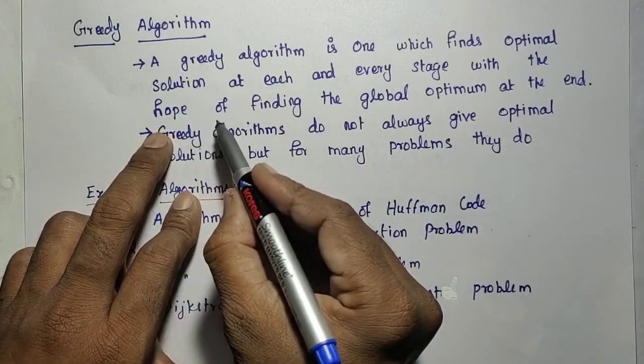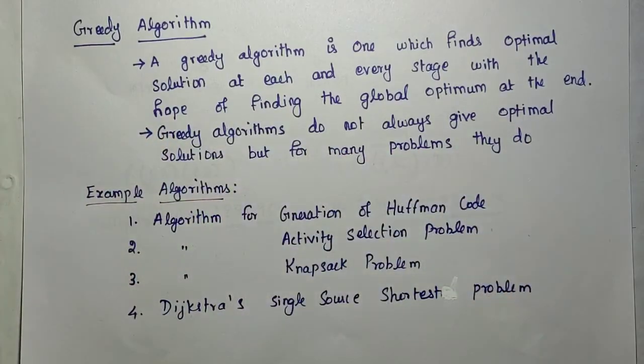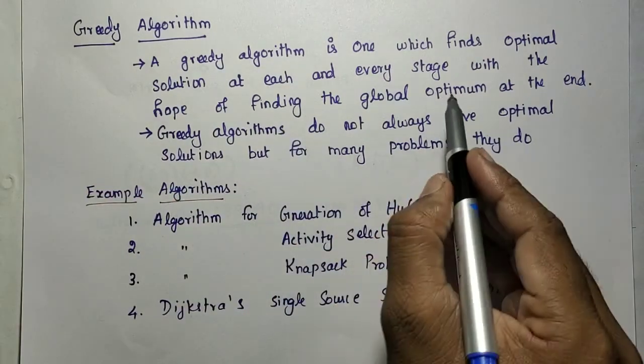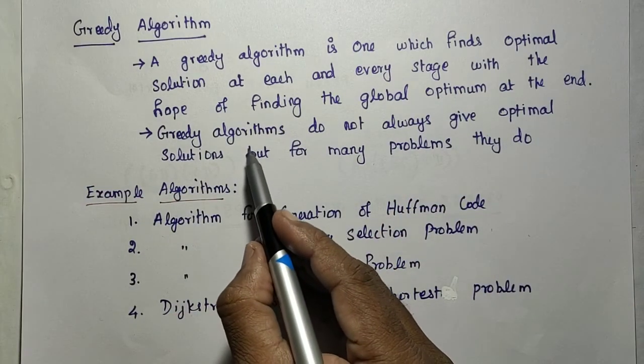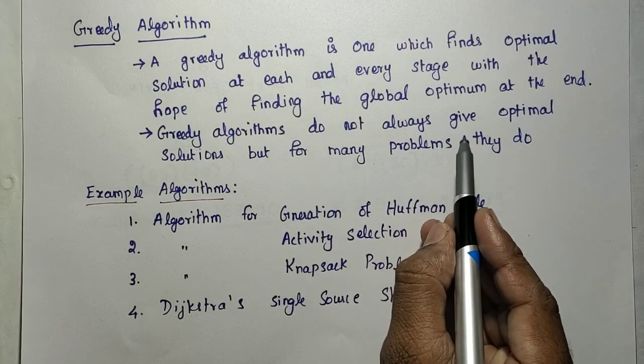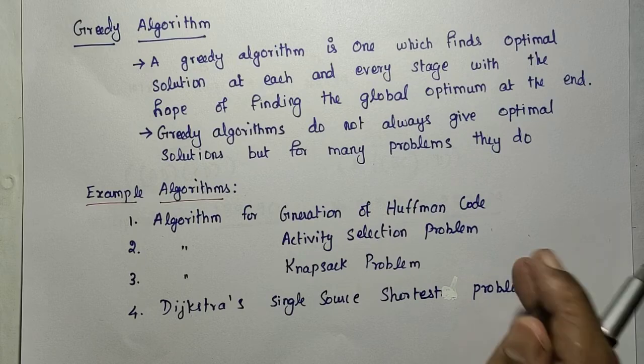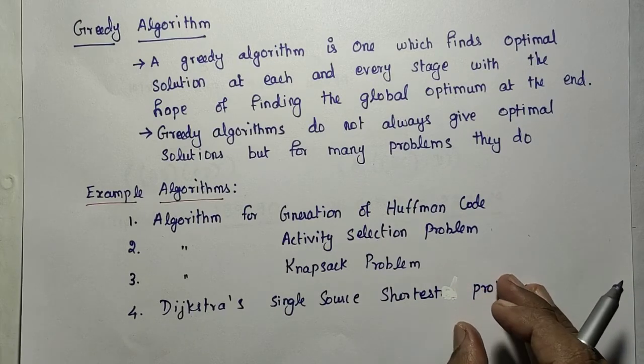With the hope only. Okay, we don't know whether it will give the optimum solution or not. So greedy algorithms do not always give the optimal solutions, but for many problems they do. Okay, that is the main point.